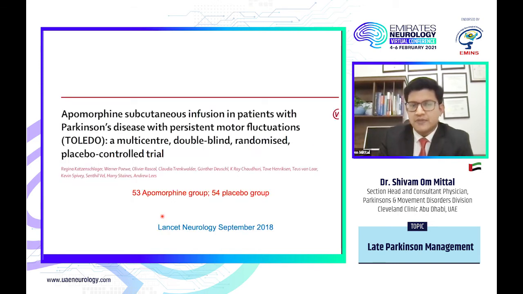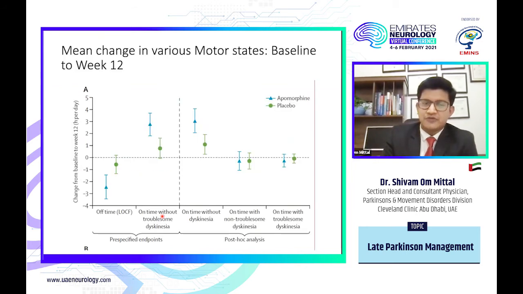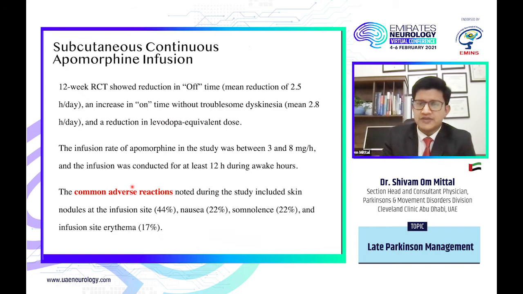Now, the apomorphine pump infusion was proven with the Toledo trial, where they had 53 patients and they found significant improvement in the on phase and the off phase, and overall the dyskinesias were much better. The common adverse events you can see are mostly at the infusion site.